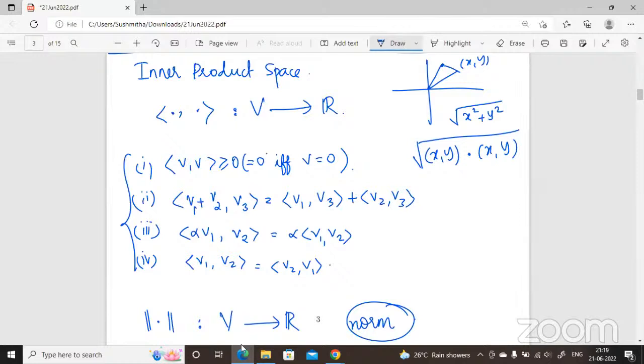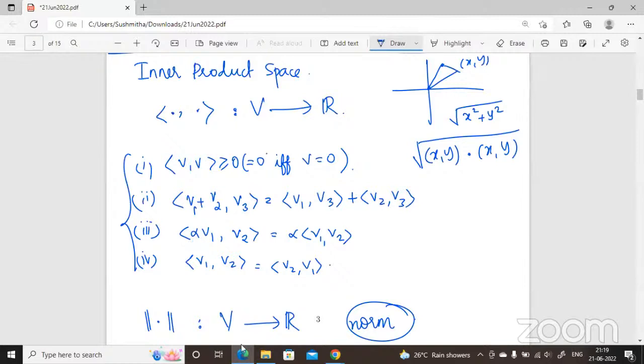Ma'am, in the third condition, alpha v1 comma v2 equals alpha times v1 comma v2. In this condition, is the value of alpha always equal to 1? Otherwise, how can I satisfy it? No. Whatever alpha I'm multiplying here should come out of the inner product. That's all it says.